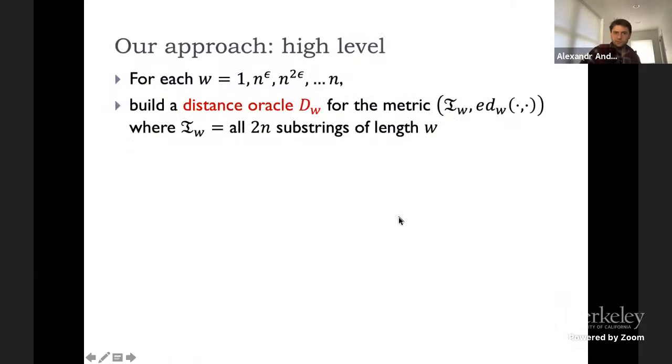All right, so here's our approach, and this is the high level. On the previous slide, I suggested a recursion, where we have long substrings and we recursively try to compute distances on shorter substrings, maybe using the algorithm recursively.